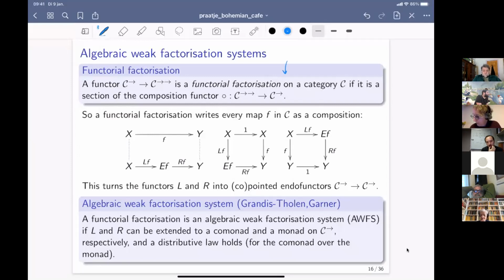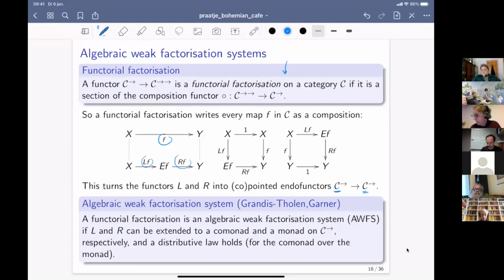That basically means that for every map F, you get two maps, L of F and R of F, and their composition is the original map F. Once you have this, you automatically get two endofunctors on the arrow category on C, that's L and that's R. You also automatically get a pointing and a co-pointing.